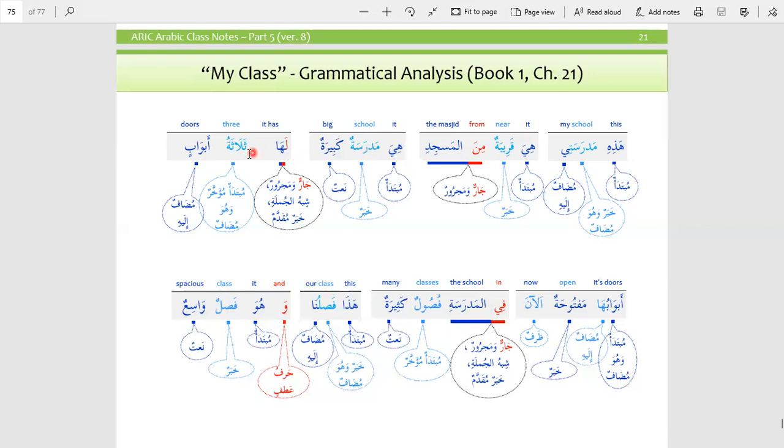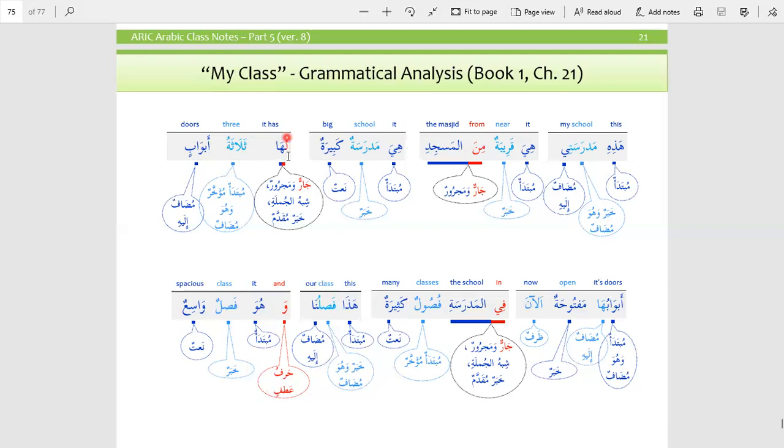Laha thalathatu abwabin. We have done numbers just now. Laha. Why laha? We have got jarun, the lam, jarun wa majrurun here, and shibh jumla. Shibh jumla, khabar muqaddam. Why are we saying shibh jumla, khabar muqaddam?